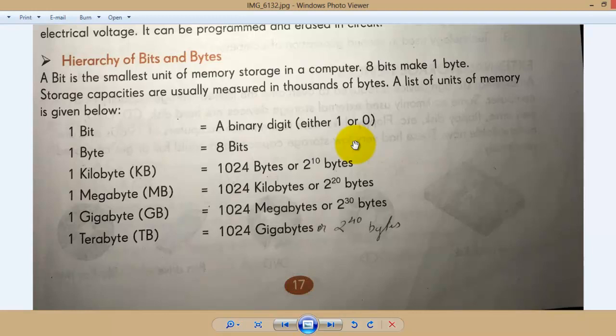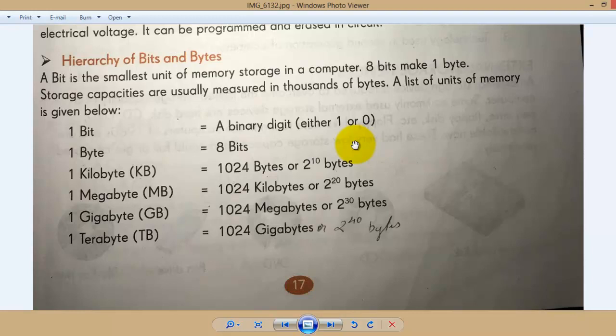1 KB, that is kilobyte, equals 1024 bytes or 2 to the power 10 bytes. Here there is a big difference from the measurements you learned in maths: 1 kg is equal to 1000 grams, where kilo means 1000.